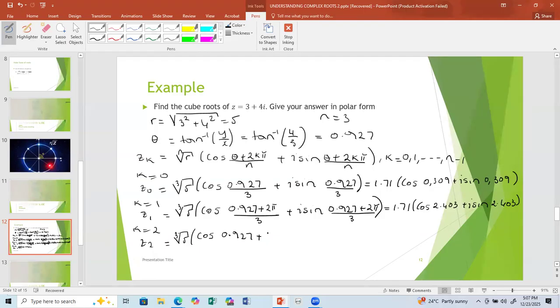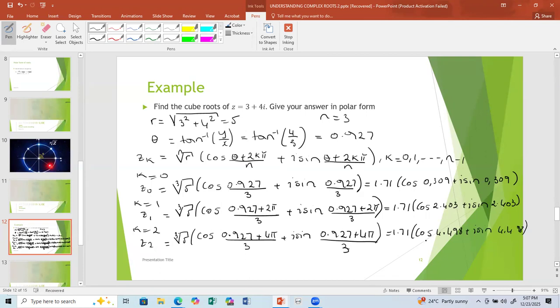So we're going to have 4 pi divided by 3, plus I sine of 0.927 plus 4 pi divided by 3. So we're going to have 1.71 times cosine of 4.498 plus I sine 4.498.